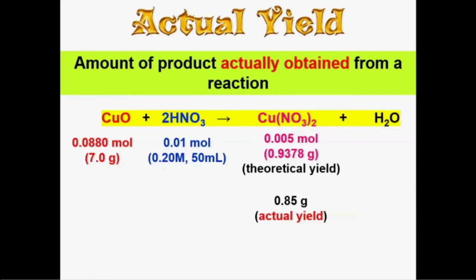We should get 0.9378 grams of copper nitrate. However, in the actual reaction, let's say we only manage to get 0.85 grams.